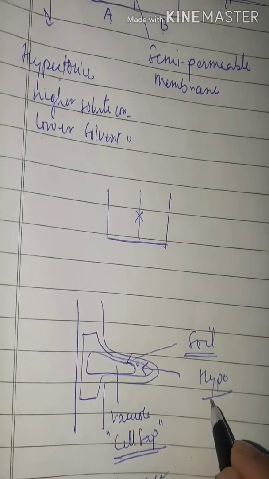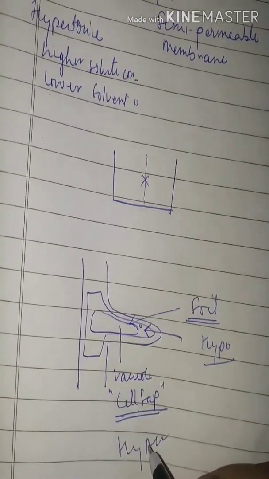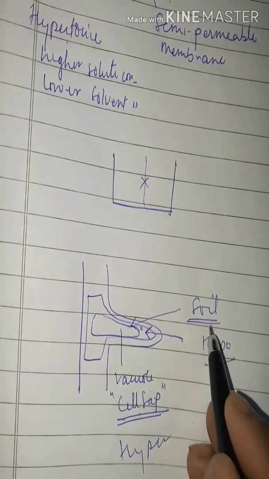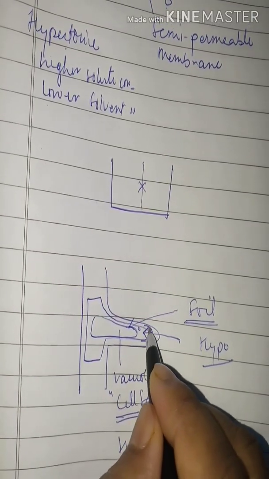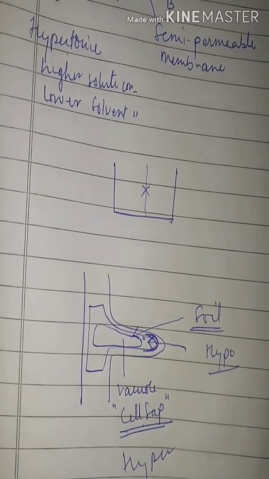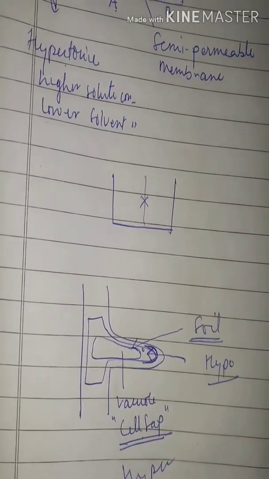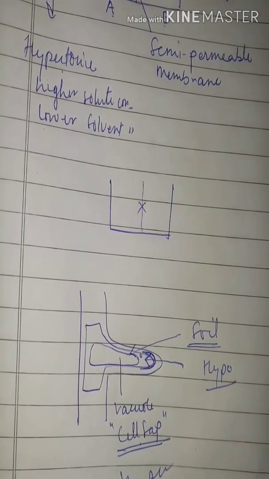So hypo means higher water concentration and hyper means lower water concentration. So water diffuses from soil to the roots across a semi-permeable membrane. So whatever water is absorbed by the root is absorbed through osmosis. Clear all of you? Okay.